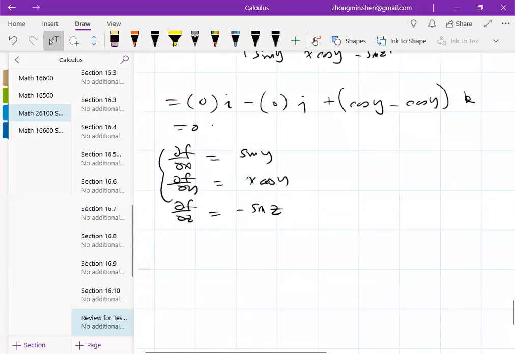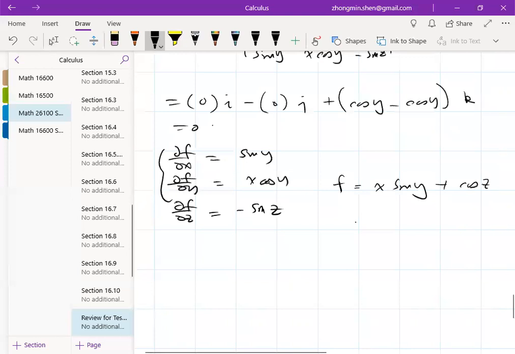I can even tell there's x there, so I can even write down the answer quickly. It's going to be x sine y plus cosine z. I can tell that.